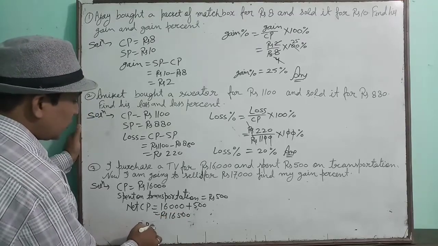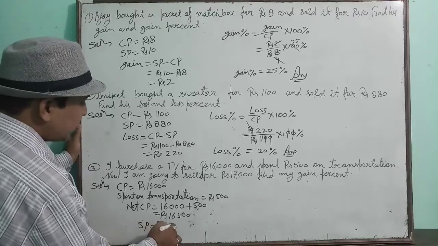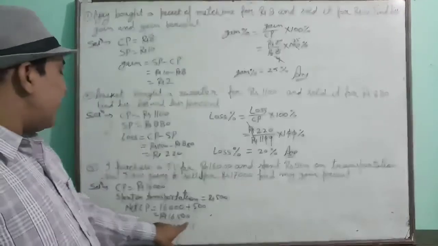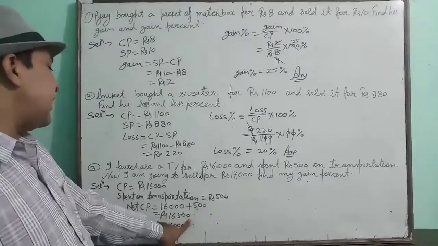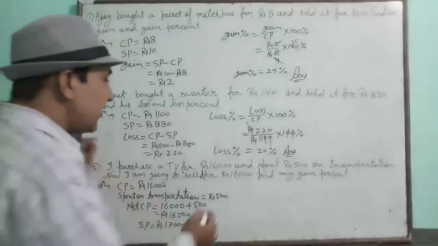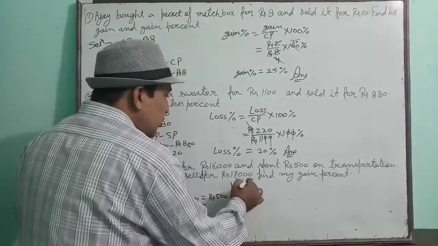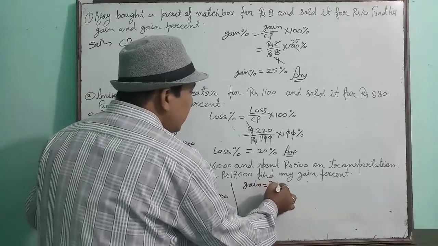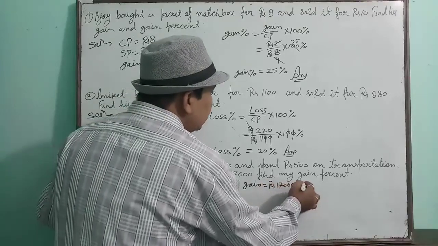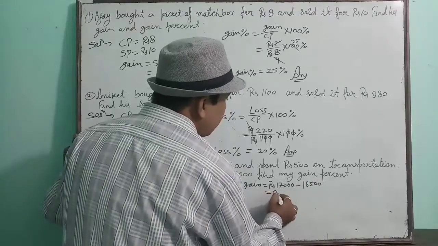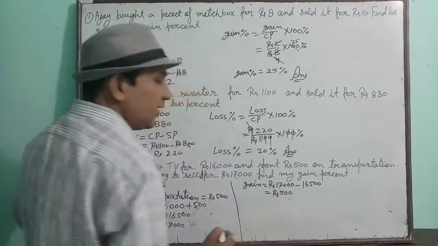Now I am going to sell it for rupees 17,000. You can see that my net cost price is 16,500 and selling price is 17,000, means I am in gain. So here my gain will be rupees 17,000 minus 16,500, that means rupees 500.